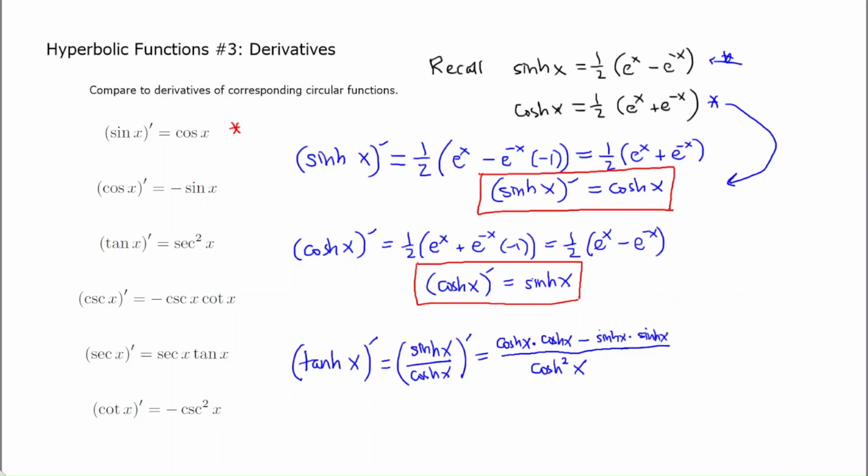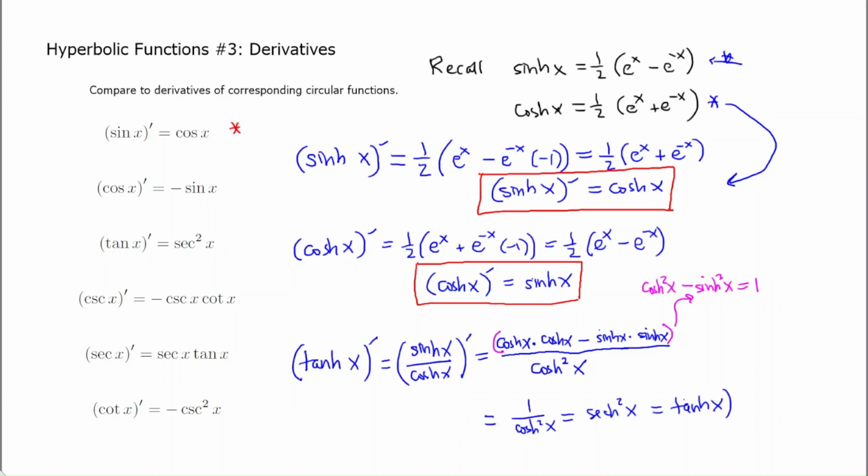Now this numerator, I will ask you to recall from the first video that cosh squared minus sinh squared, if you go back to these exponential definitions, is always equal to 1. So what we have here is 1 over cosh squared x, which is the same thing as hyperbolic secant squared x.